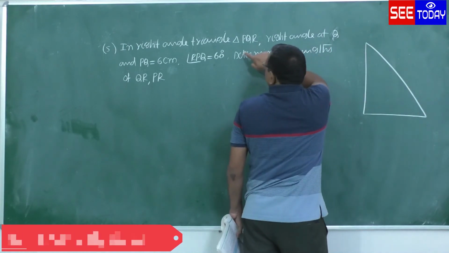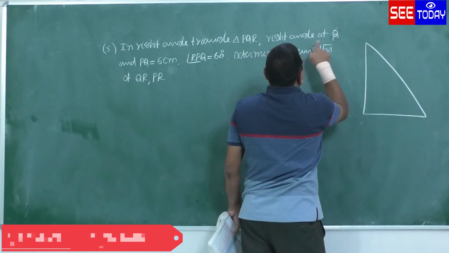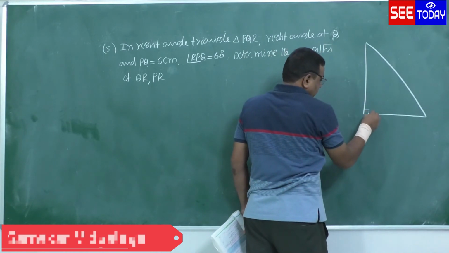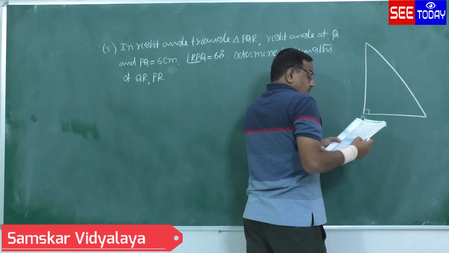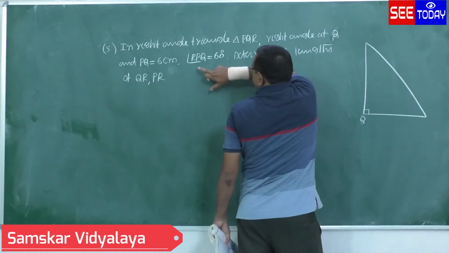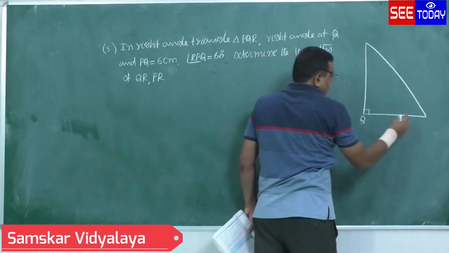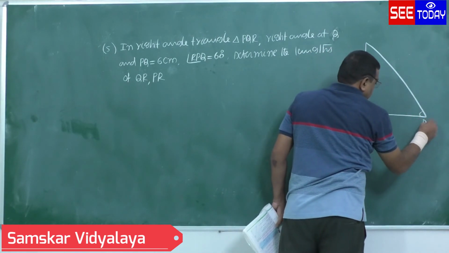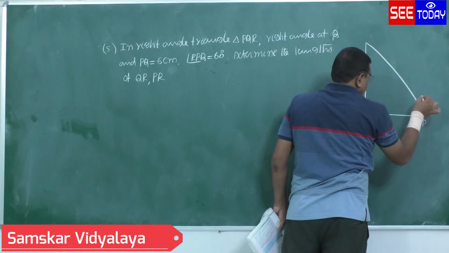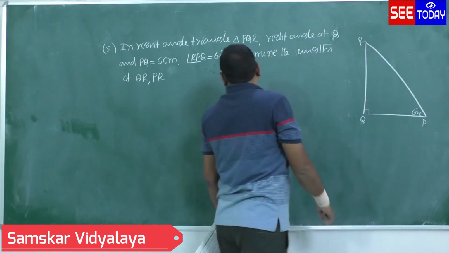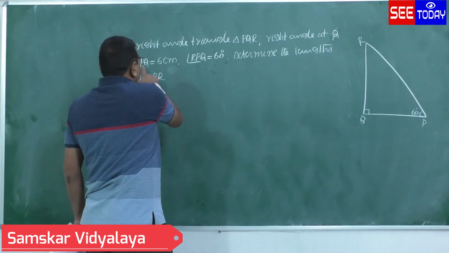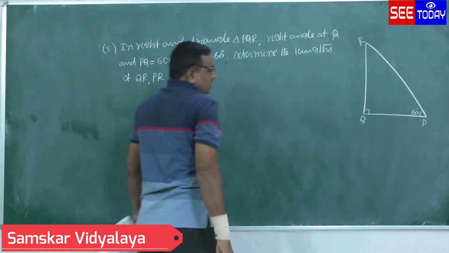He has given right angle at Q, so you must take Q here. Next, angle RPQ is equal to 60 degrees, therefore better to take P here, that is 60 degrees. The remaining vertex is R.